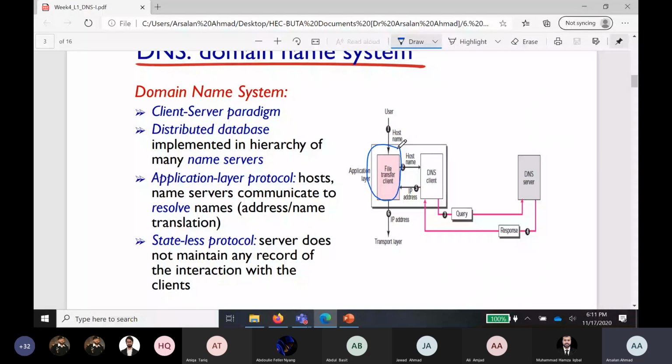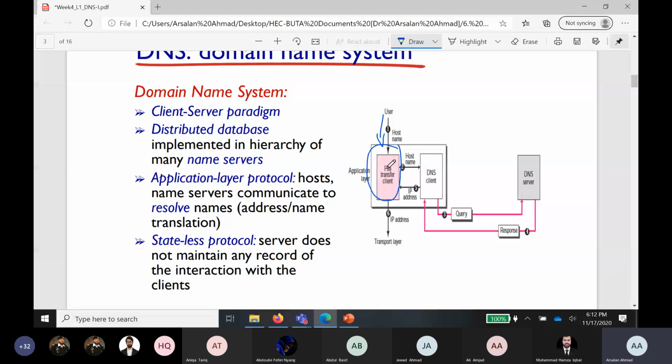So it's a protocol that does not directly interact with us, the internet users, but it interacts with the other application layer protocols who are the front guys for us. So we invoke FTP for a particular file, or HTTP for a particular web page, or SMTP for, let's say, mail service, and these protocols invoke DNS.